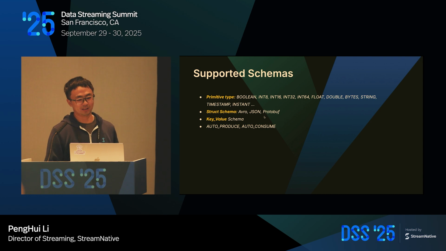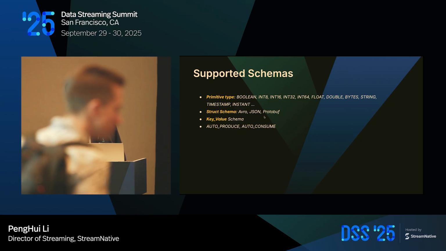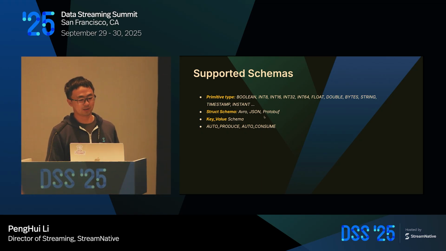You don't have a class defining the structure, but you can work with it in a more generic way, like JSON or something. This is what Pulsar's built-in schema supports.